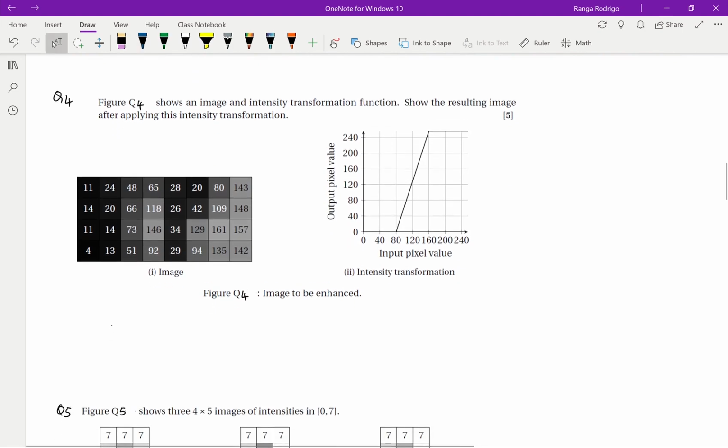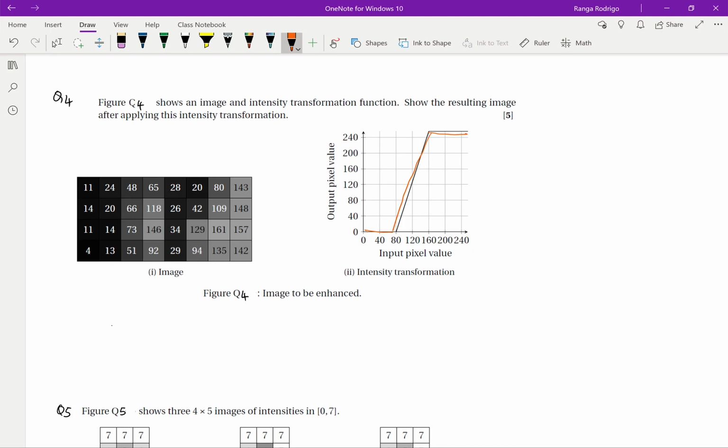Next question. Figure Q4 shows an image and intensity transformation function. Show the resulting image after applying this intensity transformation. So the image is shown and an intensity transformation. So this is that intensity transformation, and we are asked to find the values of pixels in the output image.